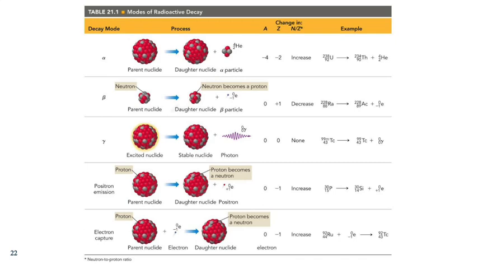You need to know the symbols for these, so that if you were asked to write a nuclear equation and told what kind of radiation was happening, you could write a balanced nuclear equation.